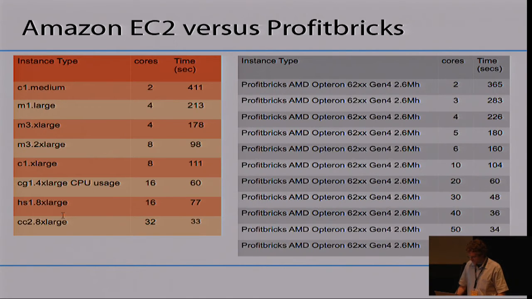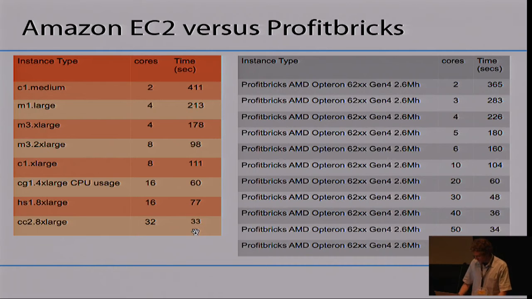And I have used this model and rendered it using the Amazon EC2 systems, and you can see here the different instance types. Those of you who are familiar with Amazon can choose different instance types, and they offer different numbers of cores, and you see that the number of cores has some impact on the render time.